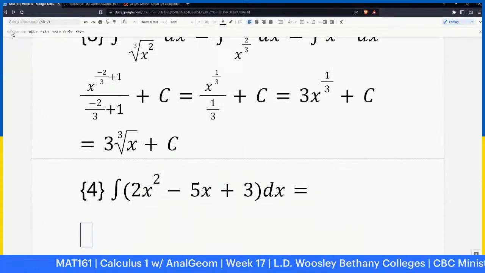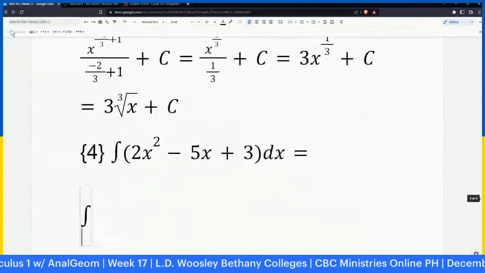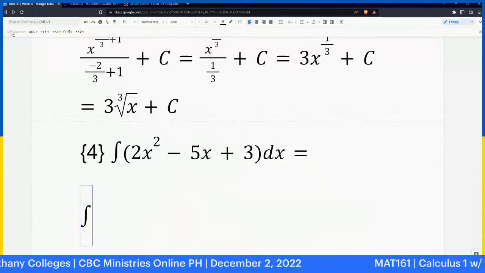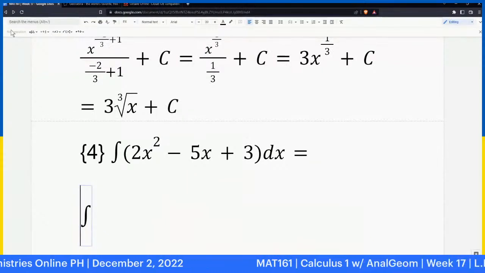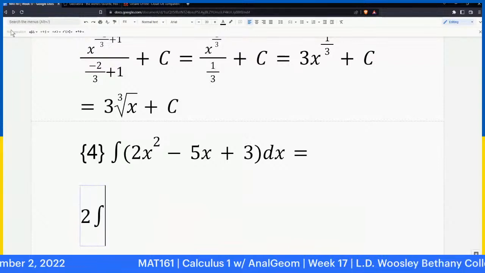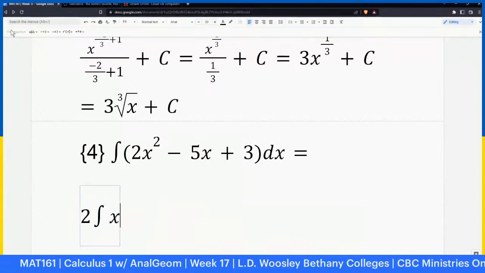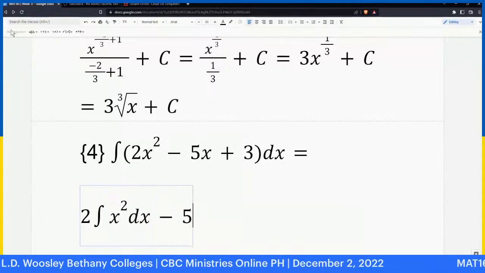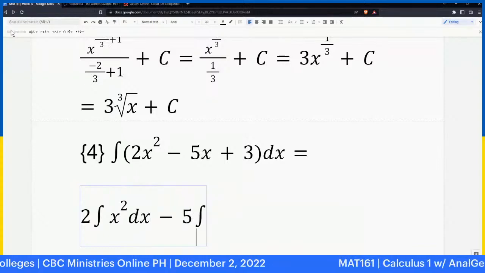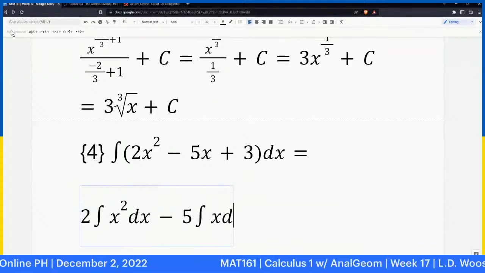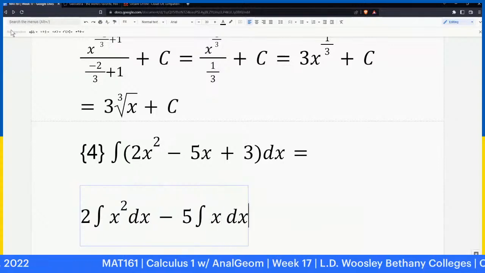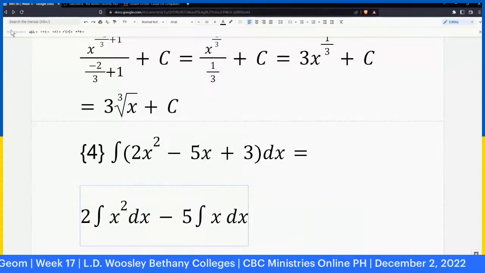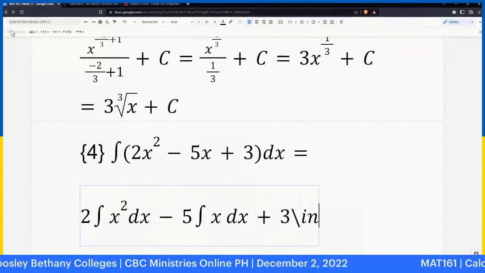So for the meantime, for the sake of this example, pwede nating integral of, so papalabasin ko na si 2 kasi constant, no? So may iwan dyan x squared dx minus, palabasin ko rin si 5, integral of x dx, okay, plus 3. So ano na lang naiwan sa plus 3? So labas din siya. Ano na iwan sa loob?